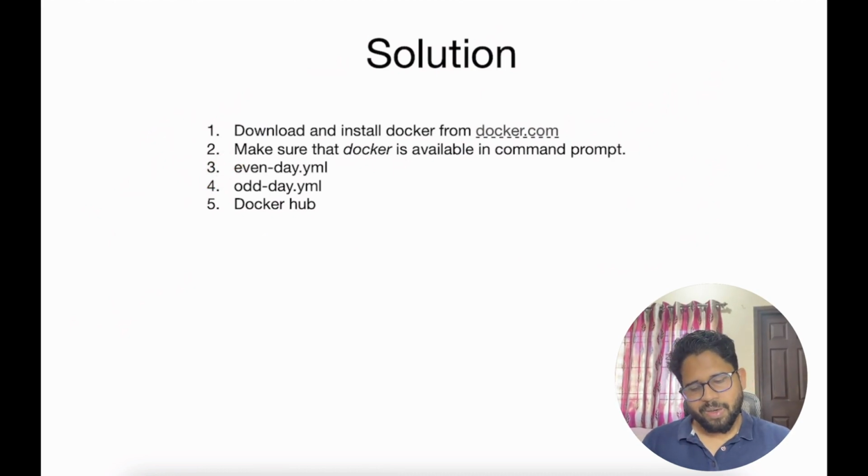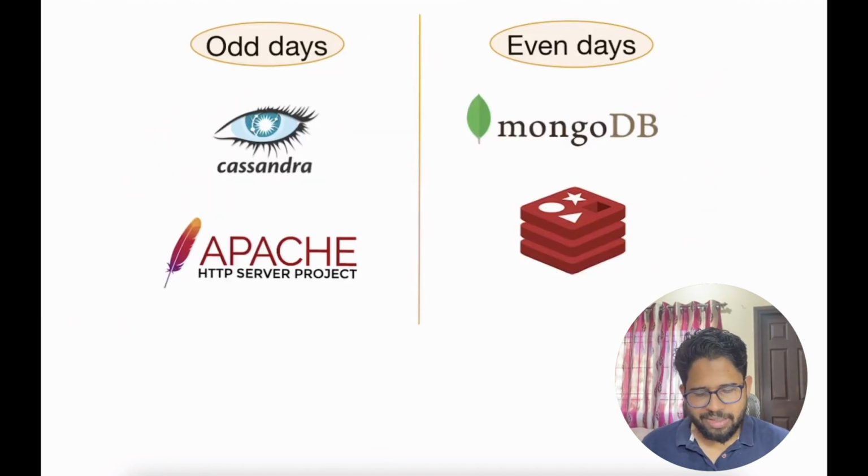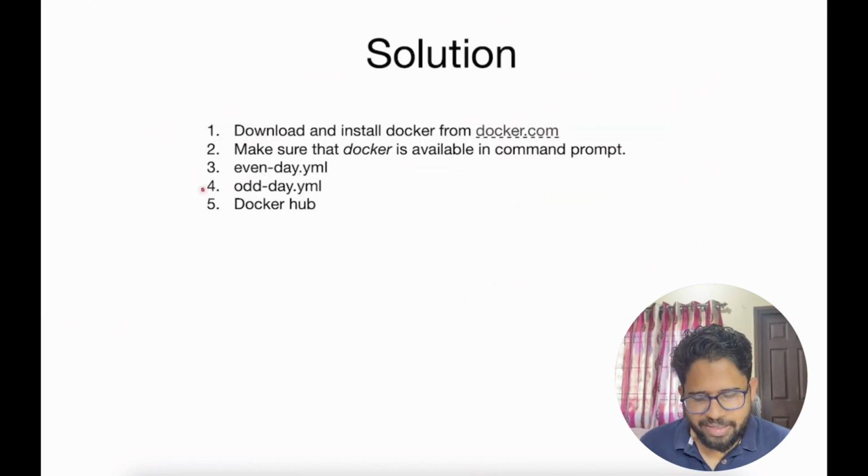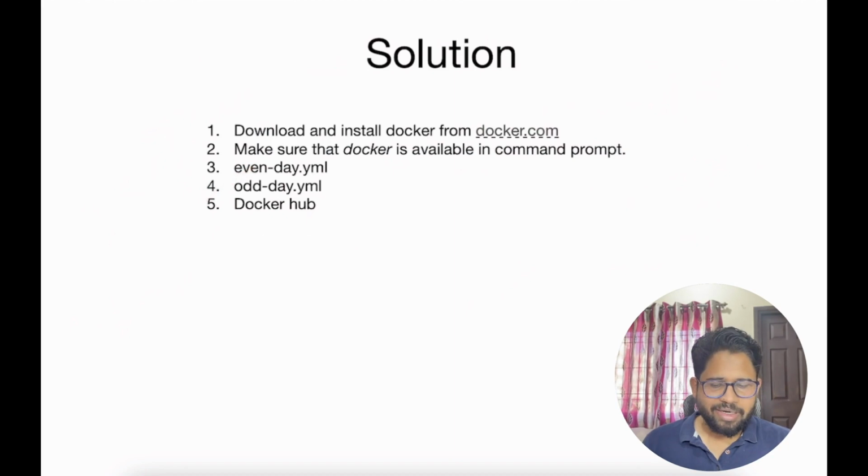That's it. On even days, we will run eventday.yml with the help of a Docker command. And what it will do is that it will download all the dependencies of even days and run it for you. And for odd days, we'll run the Docker command.